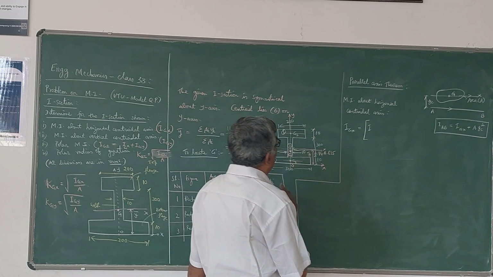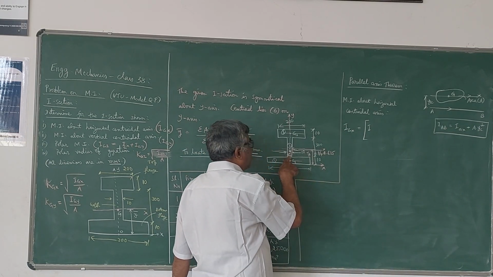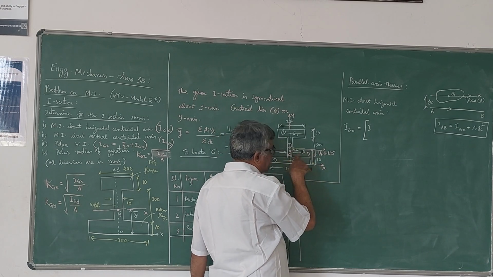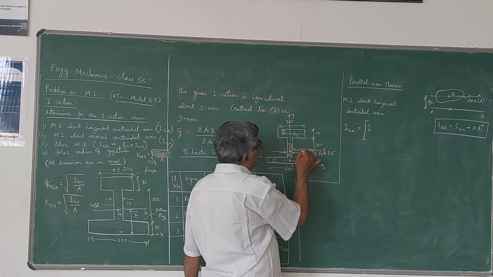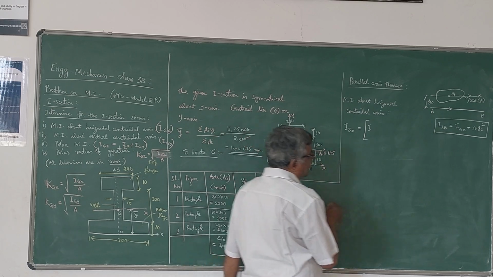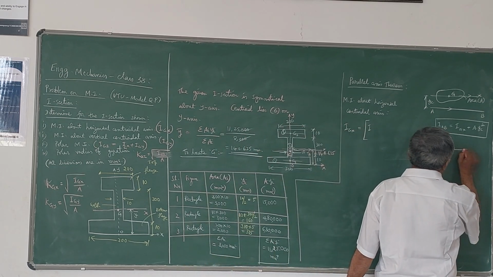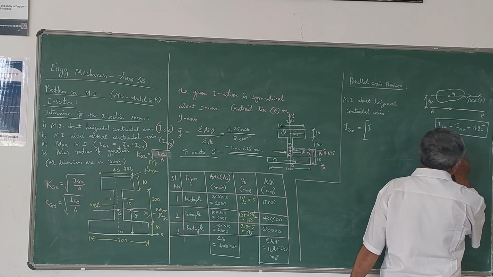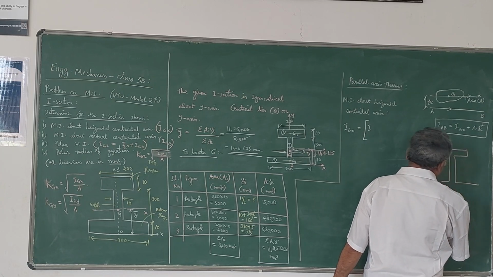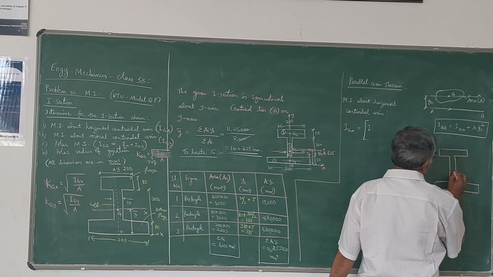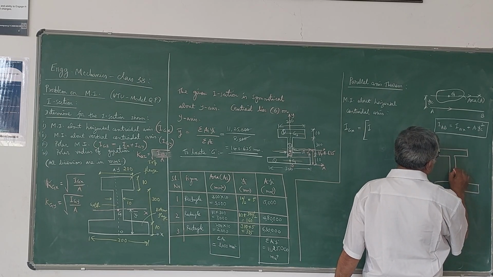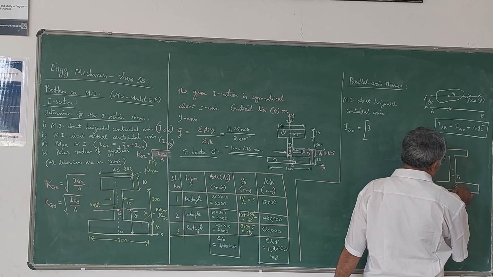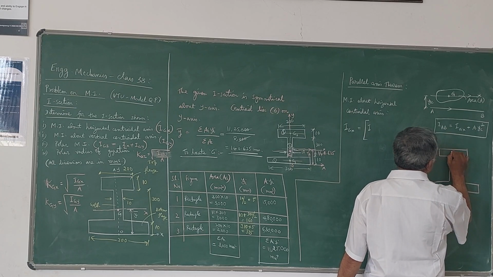So what we have to do here is, now if I want this IGX to become parallel to this G1x, it is like this. Let me show you, because this step is very important. In any problem of moment of inertia, we have to do like this. G is here, G1 will be here, G2 will be here, G3 will be here.